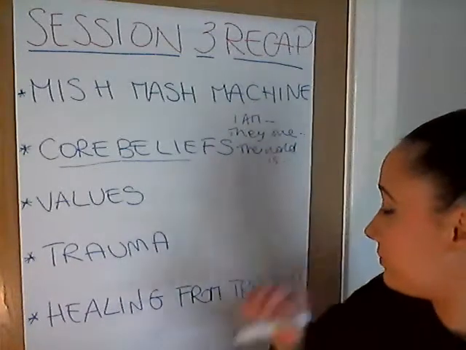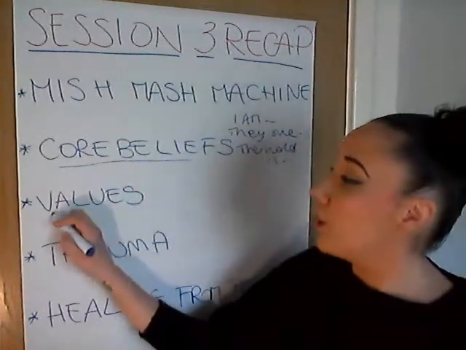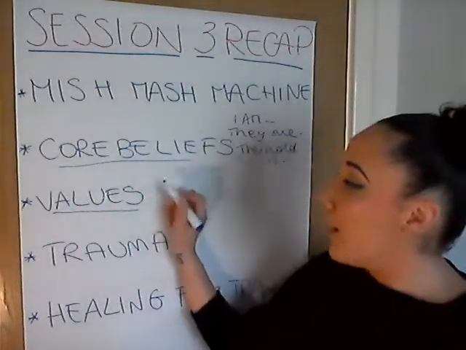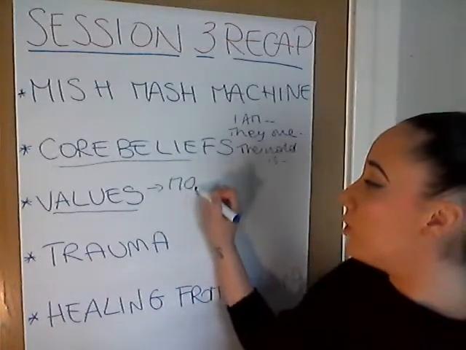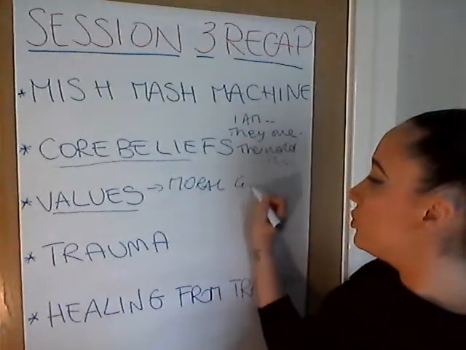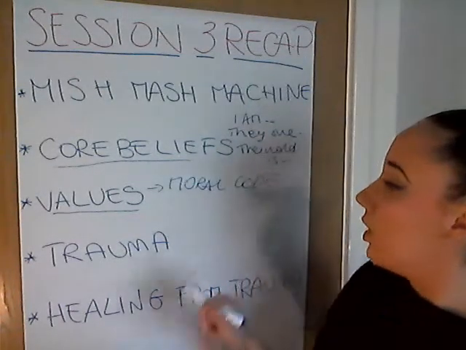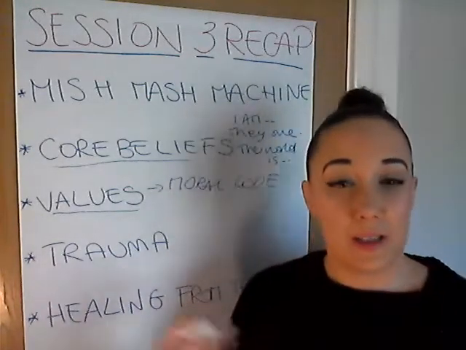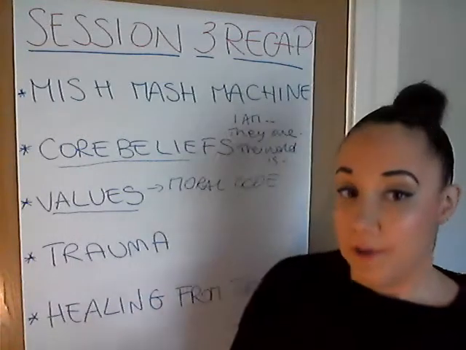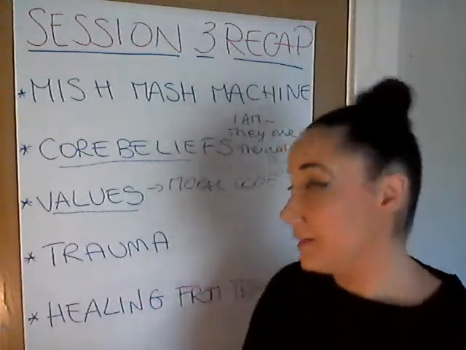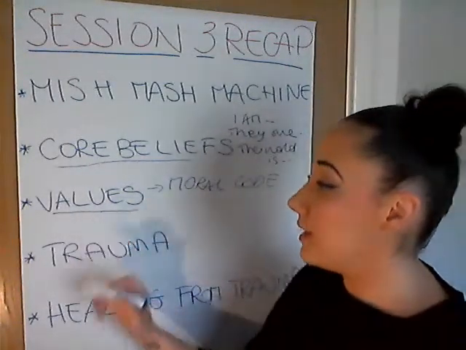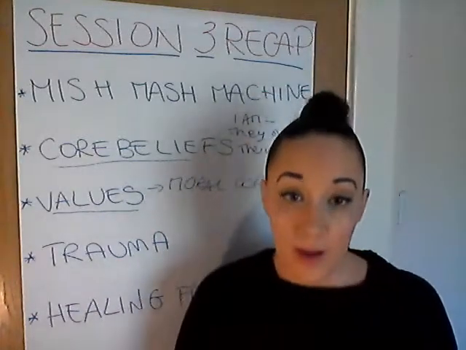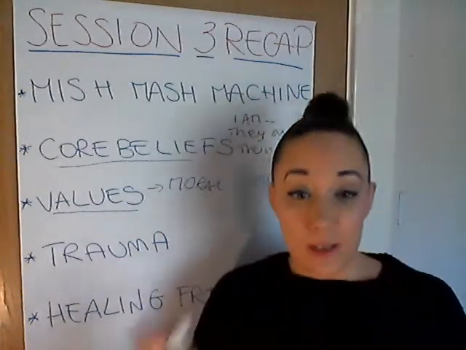So then we went on to talk about values, and our values are basically our moral code, right? We choose our values. They help us make decisions, for example. Now, a little mistake I made last time was that I said that values are generally positive, and that's not always the case.